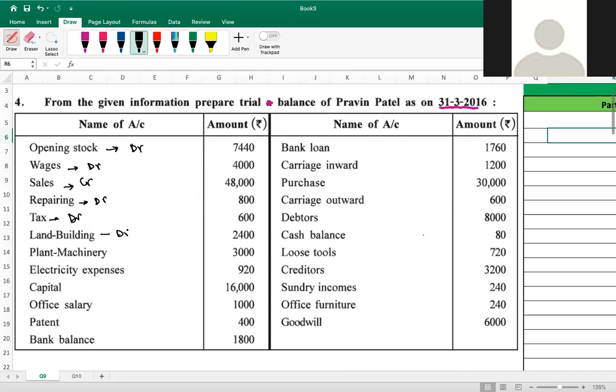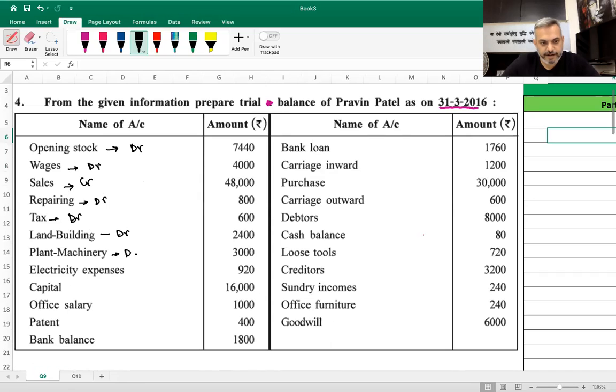Plant and machinery, debit. Electricity expense, it's an expense so debit. Capital, credit. Office salary, debit. Patent, asset, debit. Bank balance, asset, debit. Bank loan, liability. Carriage inward, expense, debit.